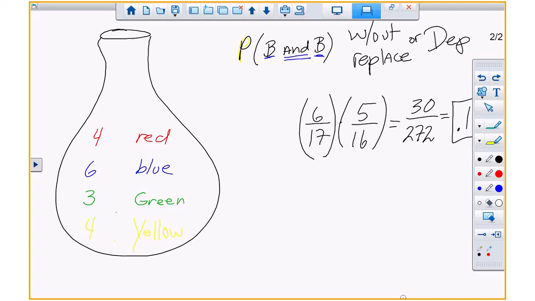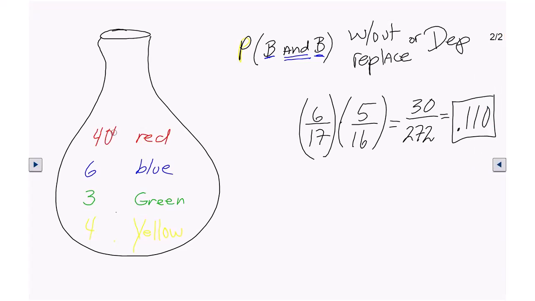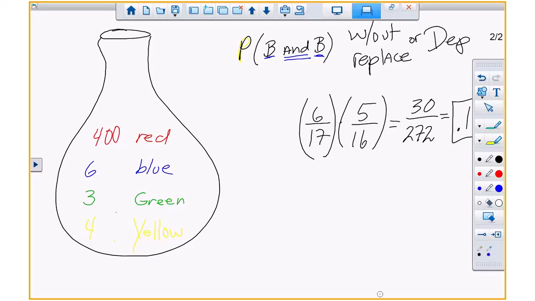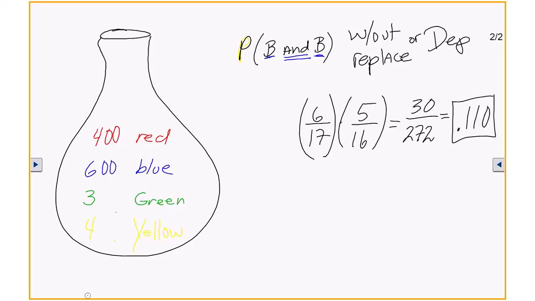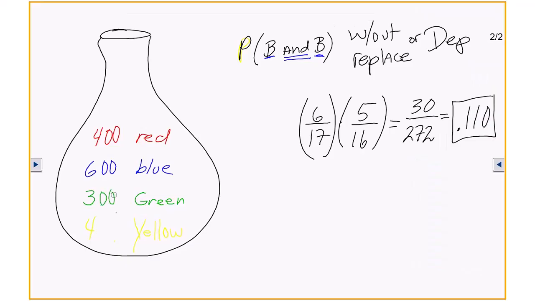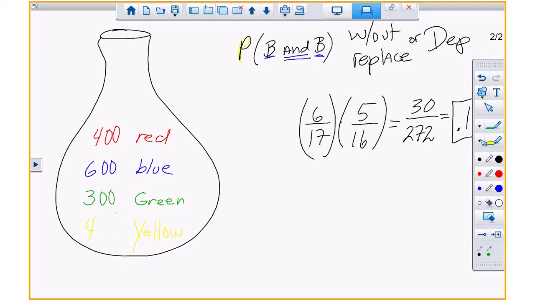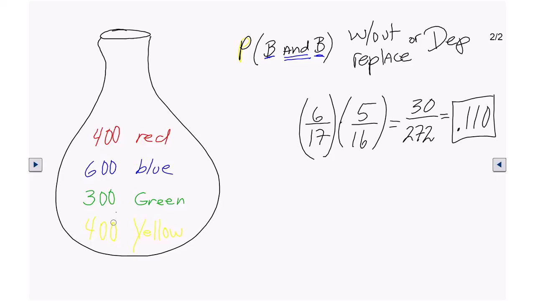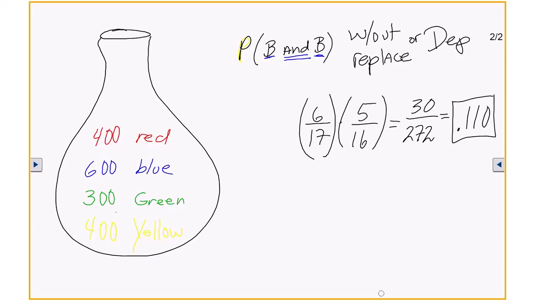I want you to change this to 400, 600, 300, and 400. And I want you to do both methods and change this. I want you to find the probability of finding 2 blue marbles.